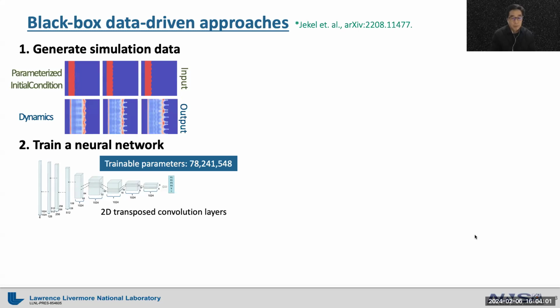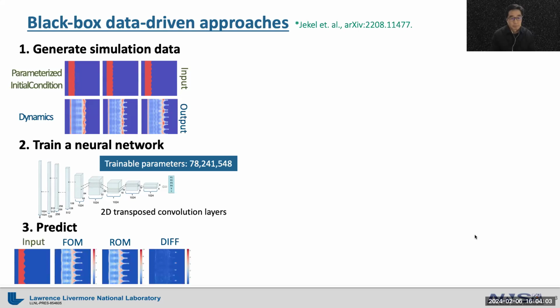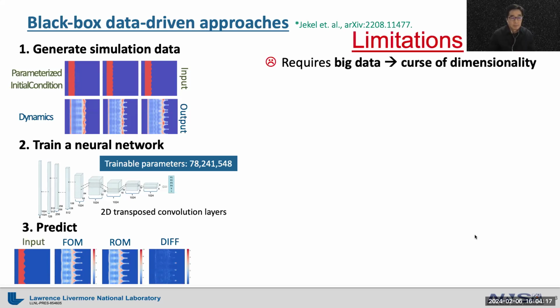Once the neural network is trained, you can predict new solutions very fast. As a matter of fact, in this particular example, we were able to obtain a 100,000 times speedup.